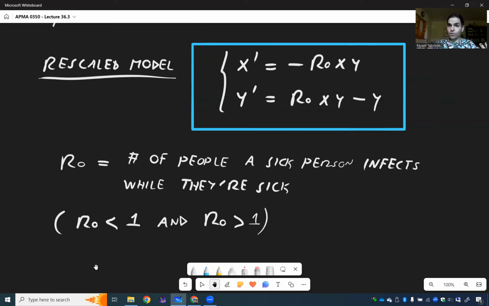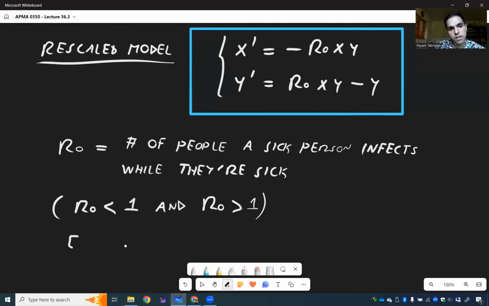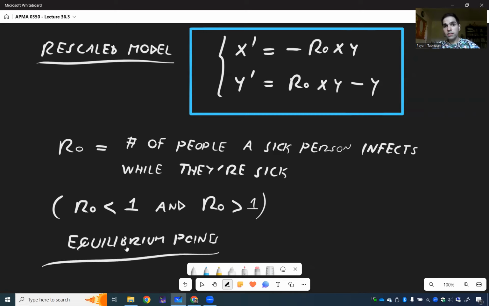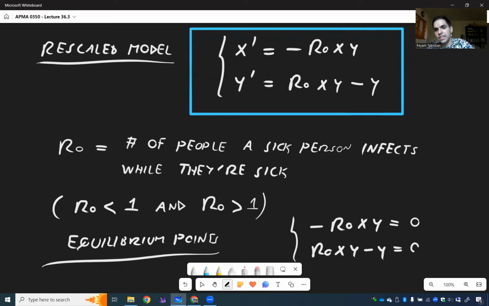And now, as usual, let's find and classify the equilibrium points, meaning set X prime and Y prime to 0. So what we end up getting is minus R0XY equals 0 and R0XY minus Y equals 0.